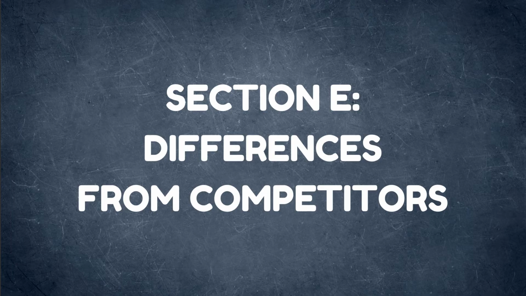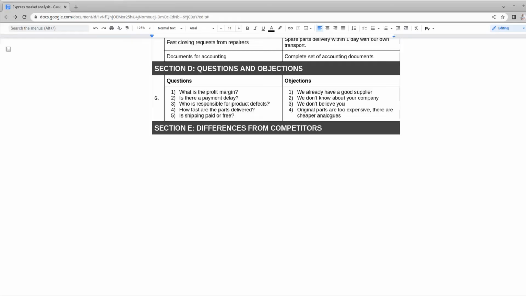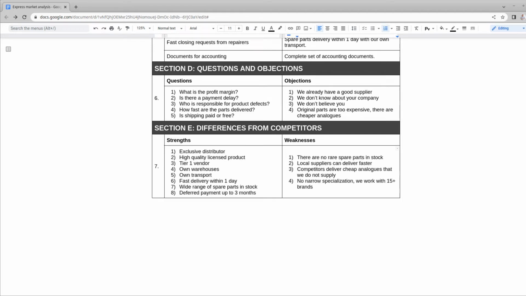Section E. Differences from competitors. This is one of the key sections in marketing analysis that is closely related to section A, but in a different, comparative context. This is a kind of a marker, which consists of 2 parts, strengths and weaknesses. Everything that is an advantage over competitors, or that is just a neutral but positive attribute, we write down as strengths.